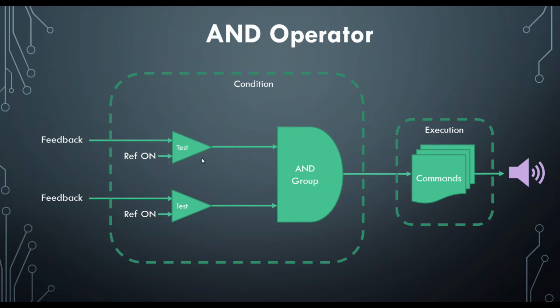It is continuously comparing the event or state coming from the condition element, which in this case is a feedback sensor, and comparing it to the reference state which we specify when we create the action. In this example, we are using the ON reference state.